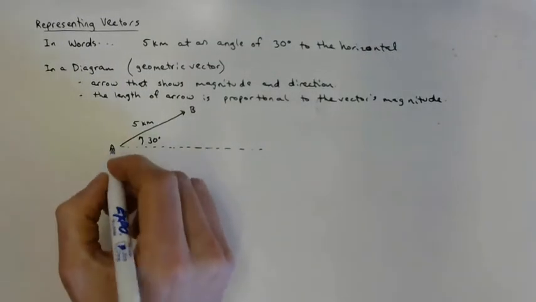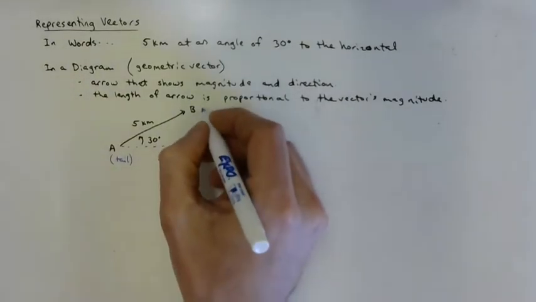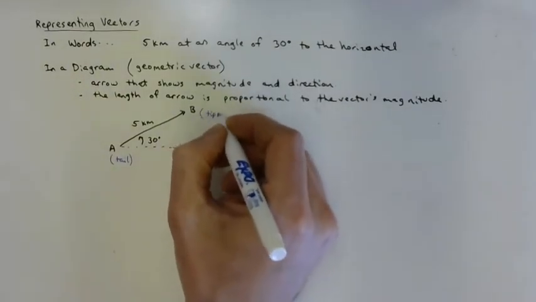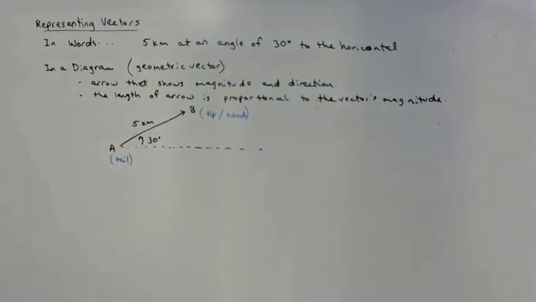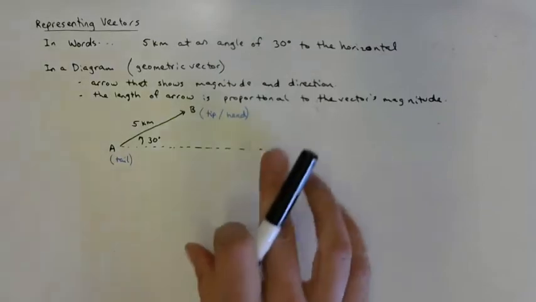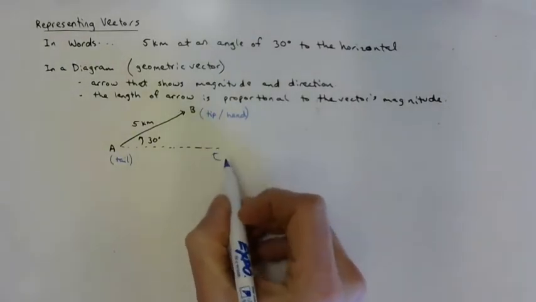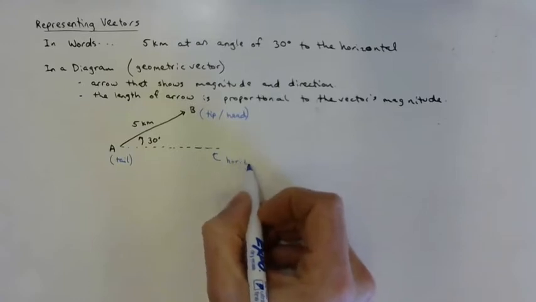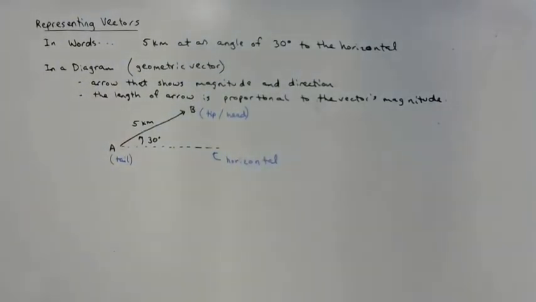And we can say that this is the tail, this is the tip or the head, or the end or the terminal point, whatever we're going to use. And maybe we should note that this is the horizontal. Okay, so again, what do we have?